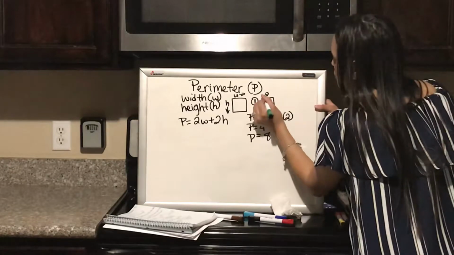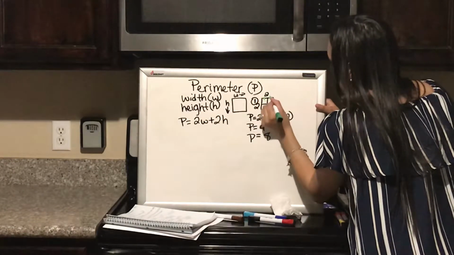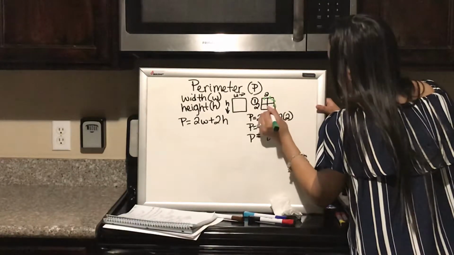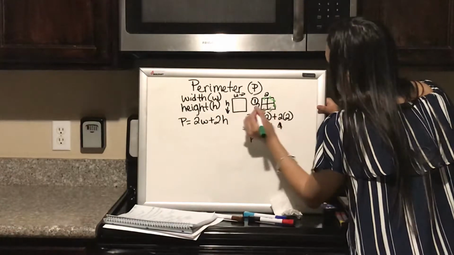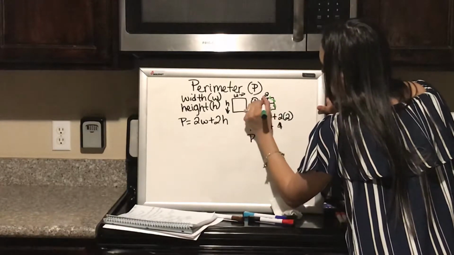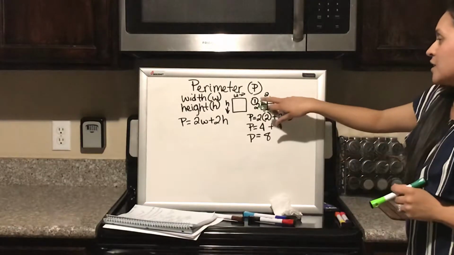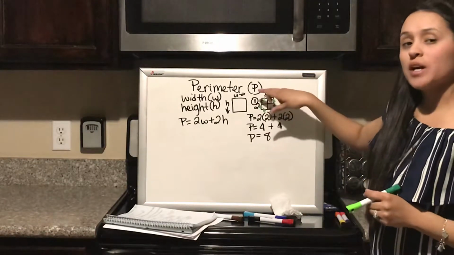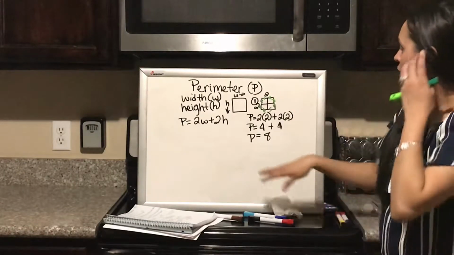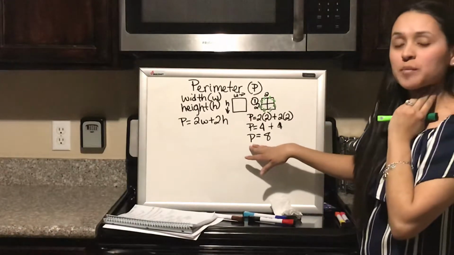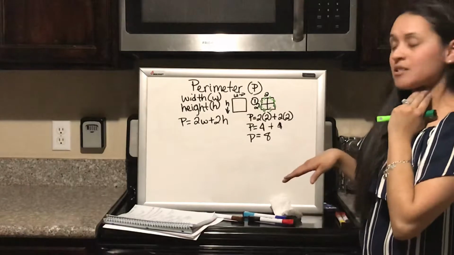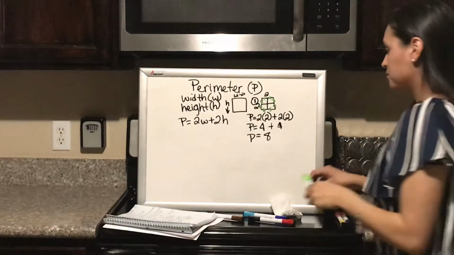So we'll count 1, 2, 3, 4, 5, 6, 7, and 8. Here we see that the distance around our square is 8 units. And according to our math in our formula, P equals 8. We're correct.